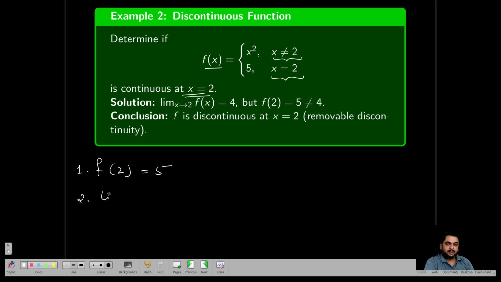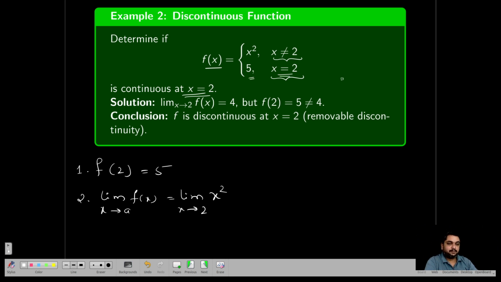Second, the limit as x approaches A of f of x, you have to find. When x approaches 2, we use x square, because exactly at 2 it is 5.